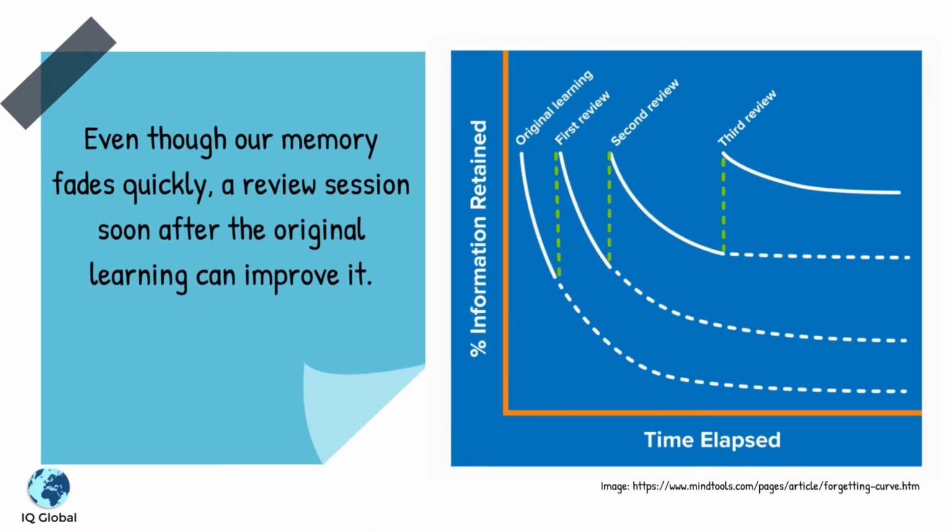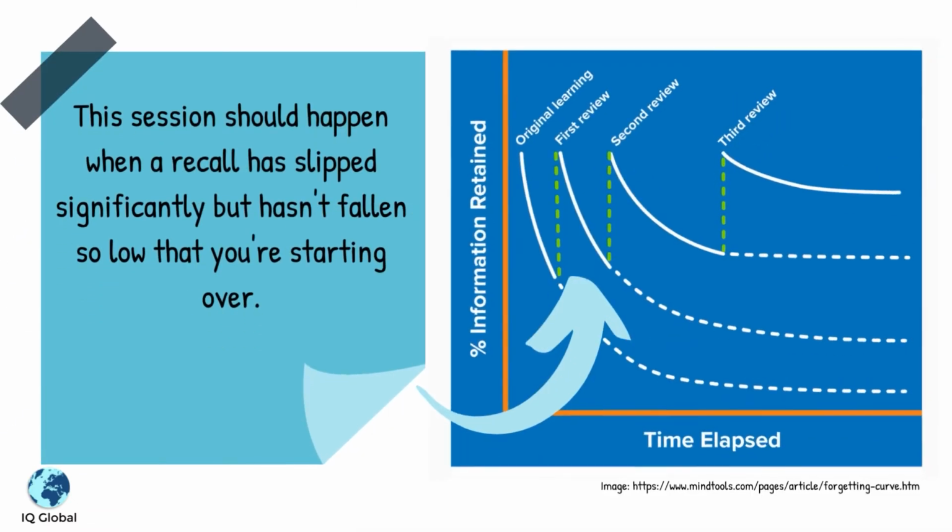Even though our memory fades quickly, a review session soon after the original learning can improve it. This session should happen when a recall has slipped significantly but hasn't fallen so low that you're starting over.